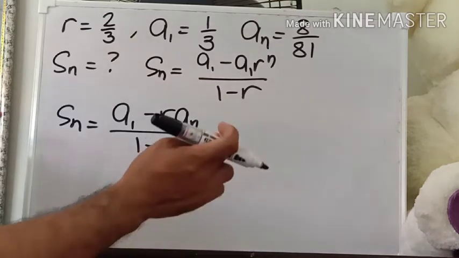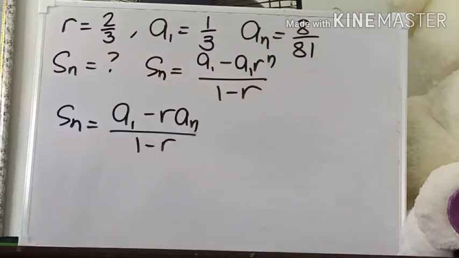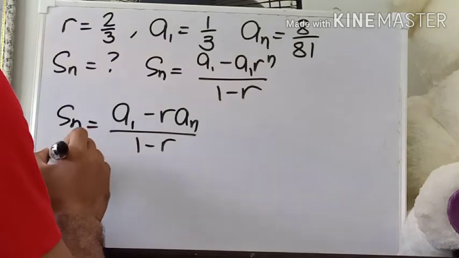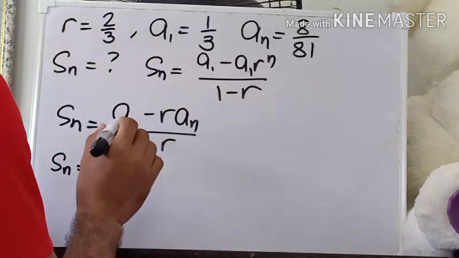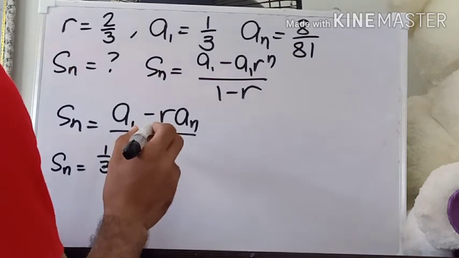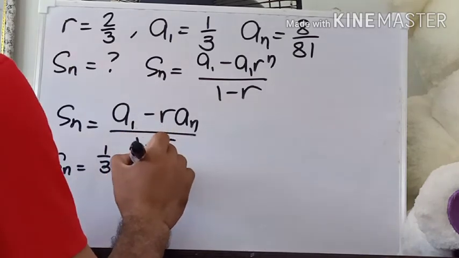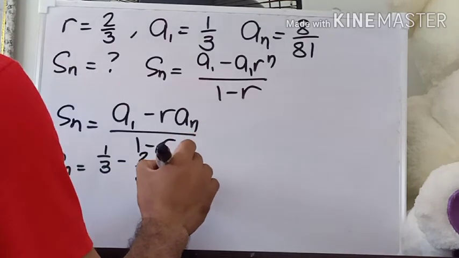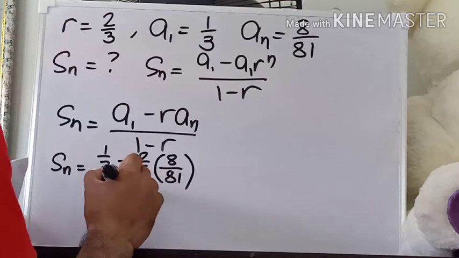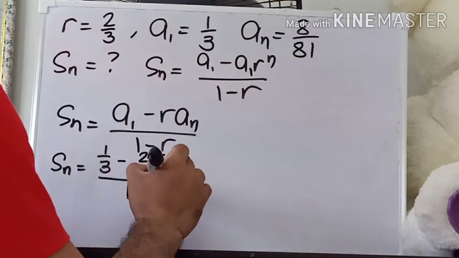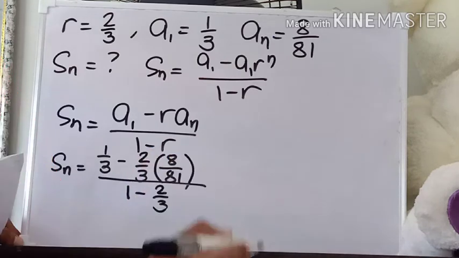Okay, so let's try using this formula and plug in those values. S sub n is equal to your first term, 1/3, minus your common ratio, 2/3, times the last term, which is 8 over 81, divided by 1 minus the common ratio, which is 2/3.